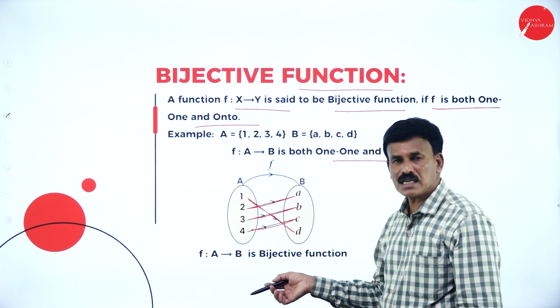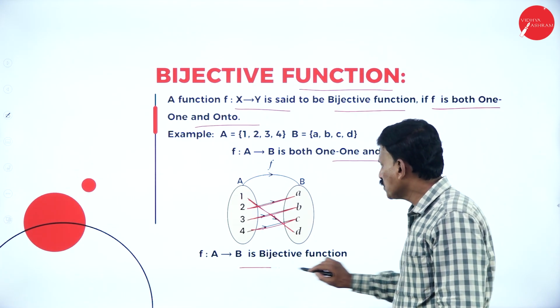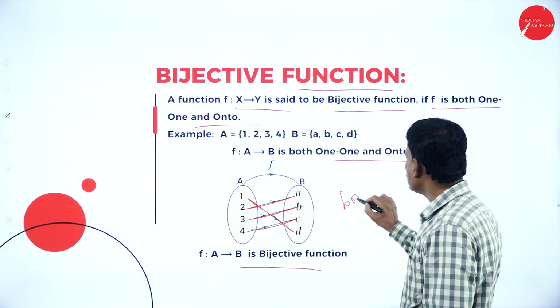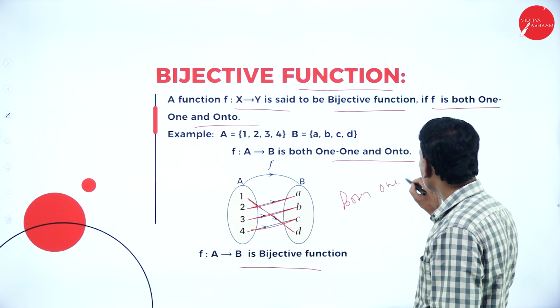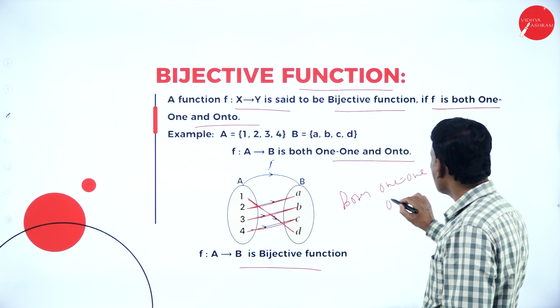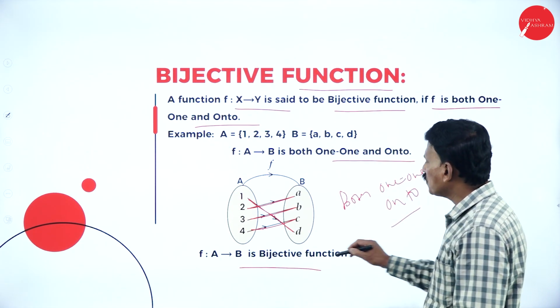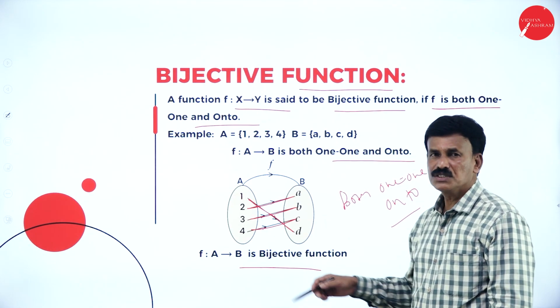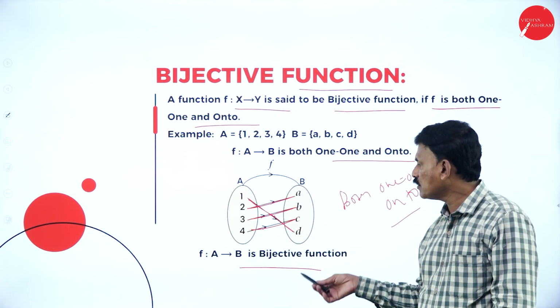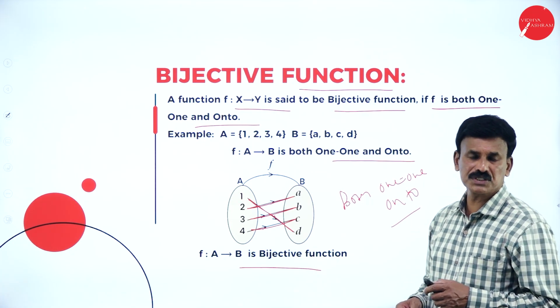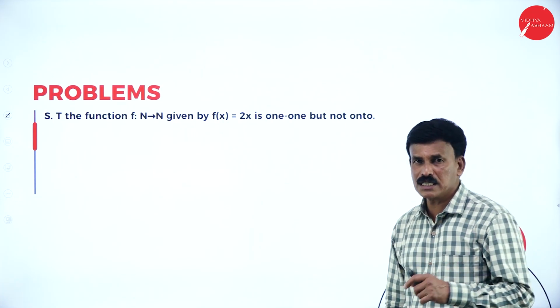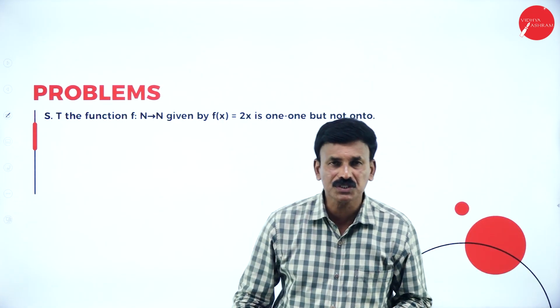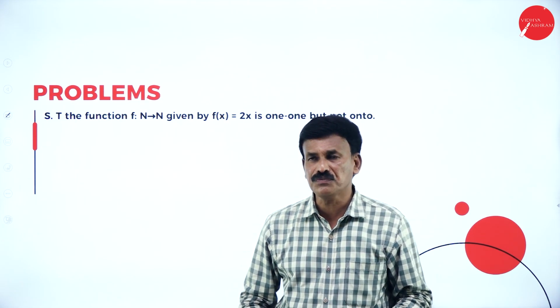Therefore this is an example of a bijective function, which is both one-one as well as onto. So a function which is both one-one and onto is called a bijective function. Very important definition. Let us take a problem based on one-one function, onto function and bijective function.